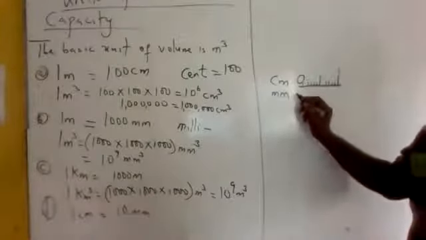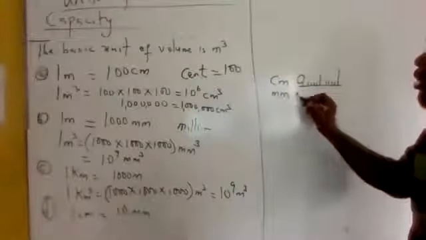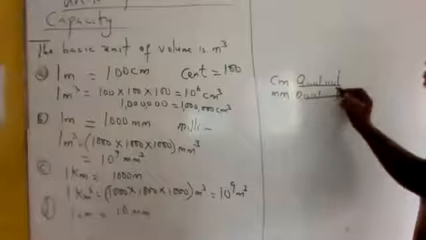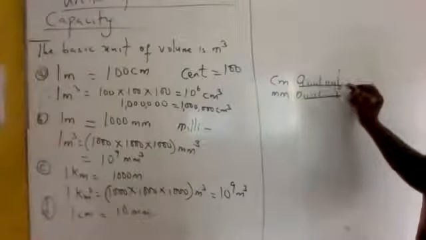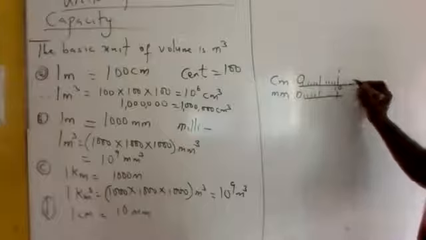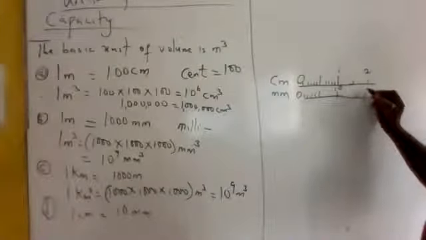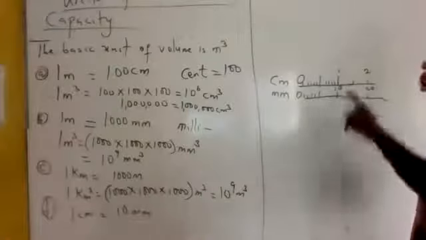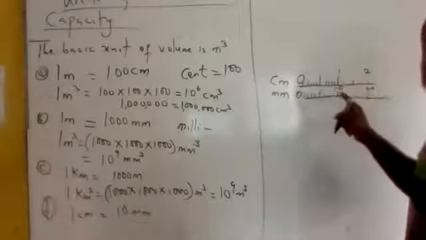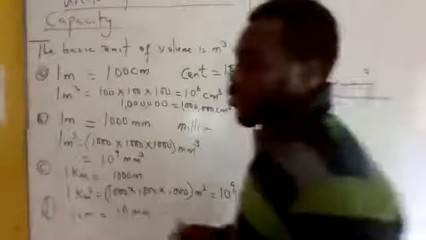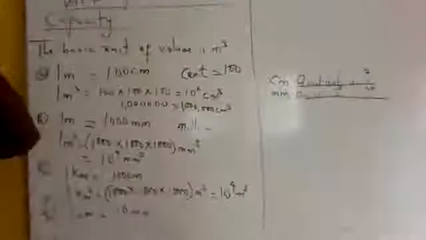Then the millimeter counterpart starts from 0, the same line, and this one will be what? 10. And then the next one, this will be 2 centimeters, and in this case it will be 20 millimeters. So that tells you that 1 centimeter is equivalent to 10 millimeters. If you have a ruler, check it out over there.